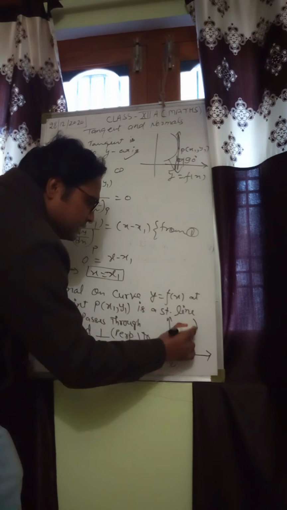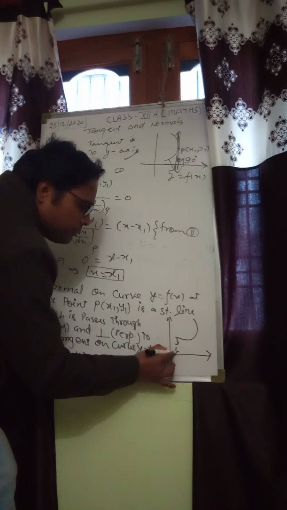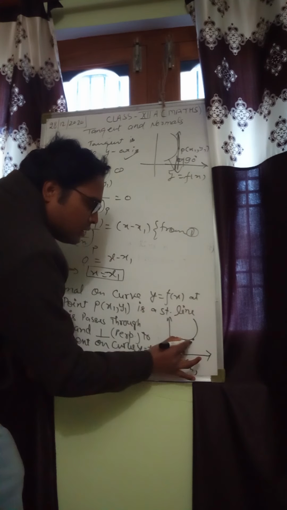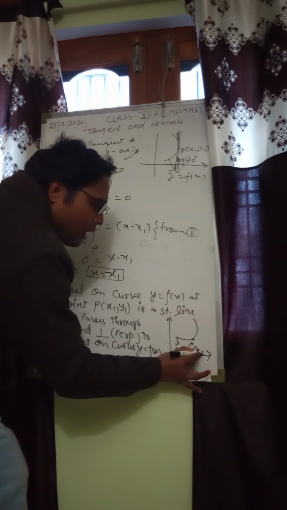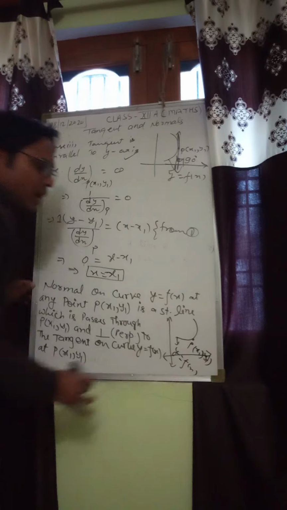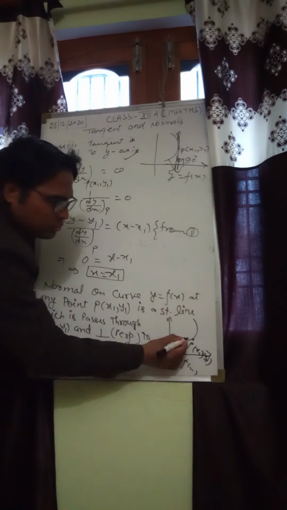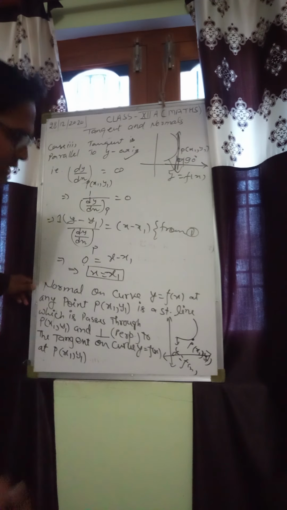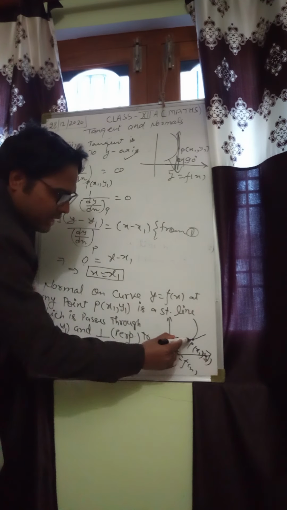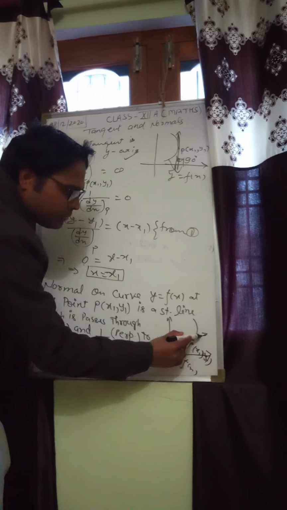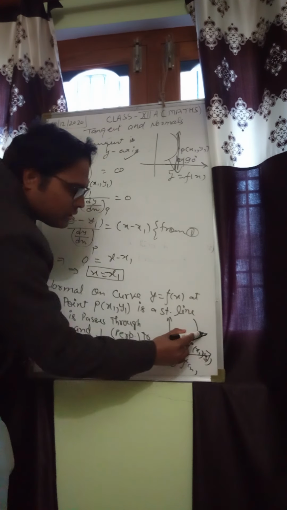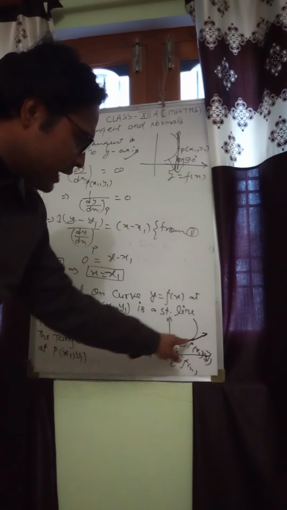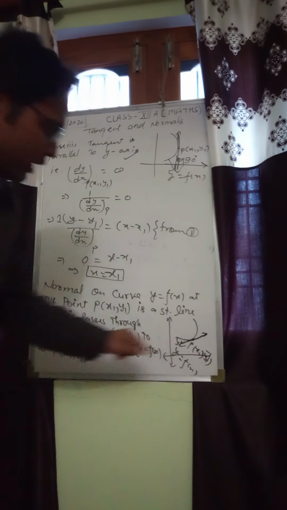Suppose that this is the curve y is equal to f(x), and that is the point where you want to draw the normal. First you have to draw the tangent at this point. See, that is the tangent. And normal is what? Normal is the line which is perpendicular to the tangent and passes through this point.